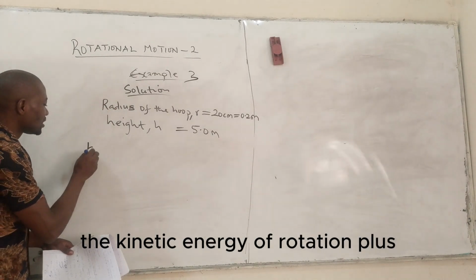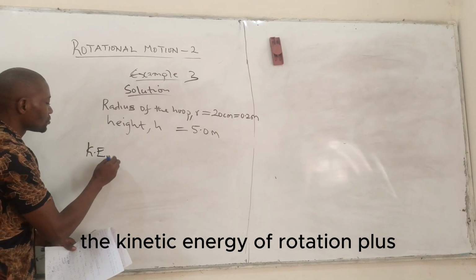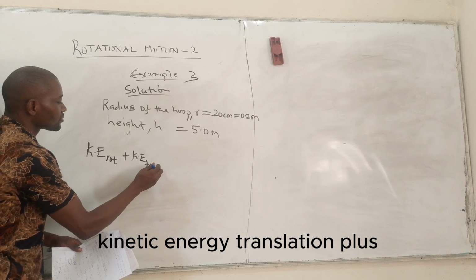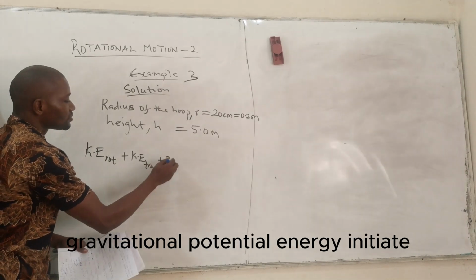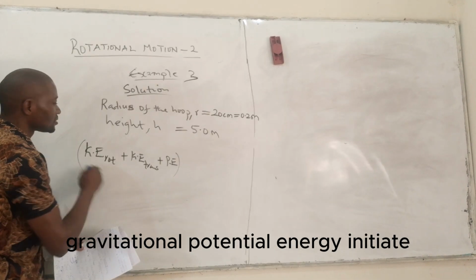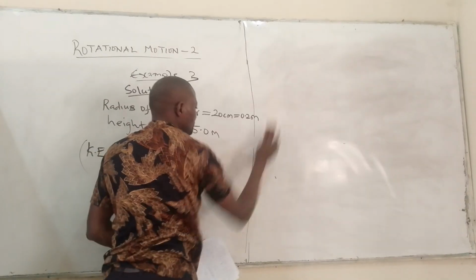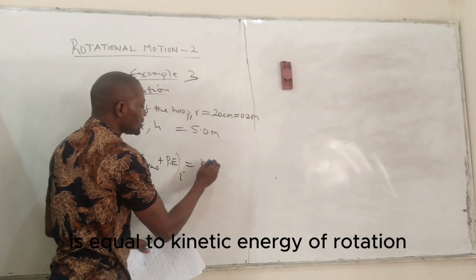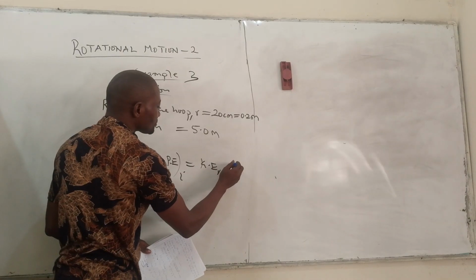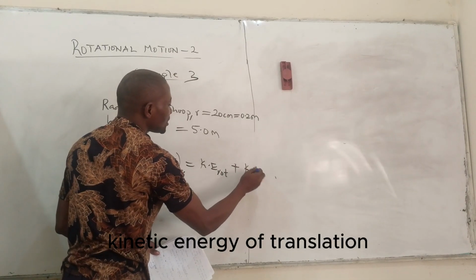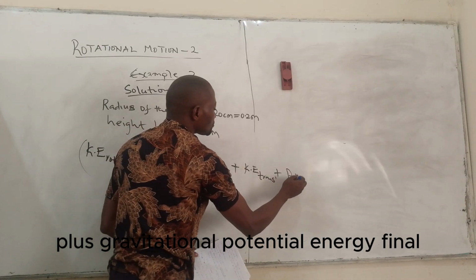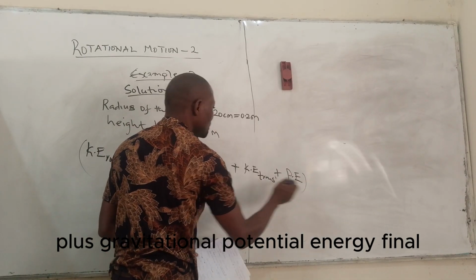the kinetic energy of rotation plus kinetic energy of translation plus gravitational potential energy initial is equal to kinetic energy of rotation, kinetic energy of translation plus gravitational potential energy final.